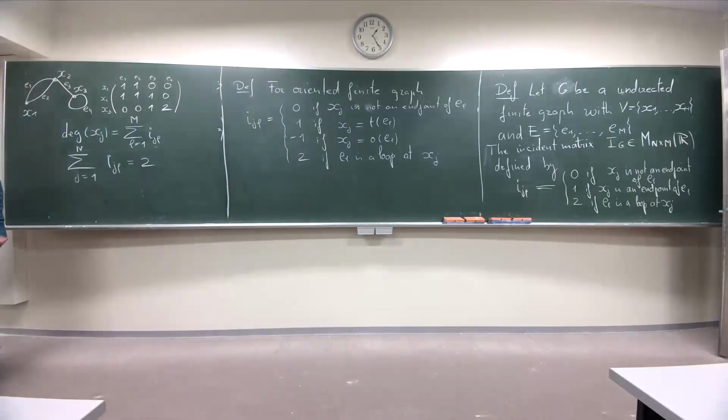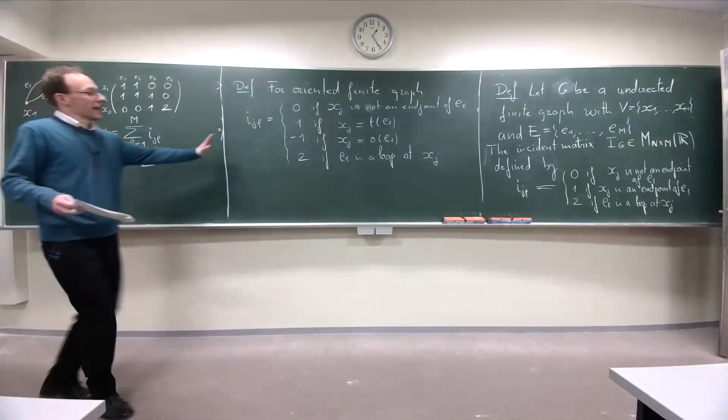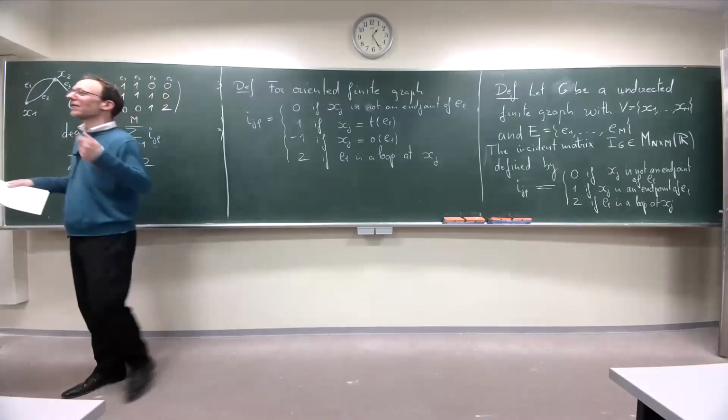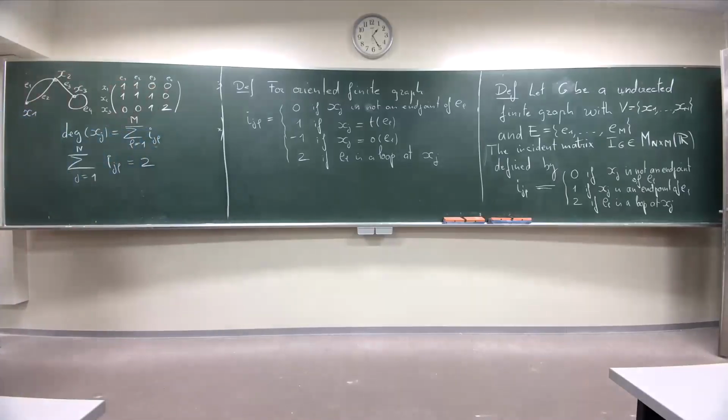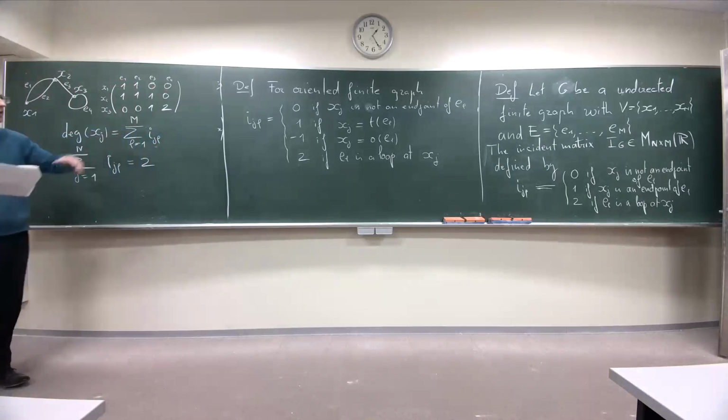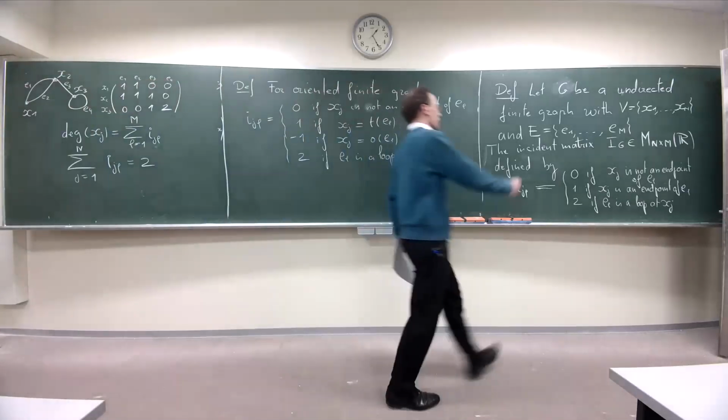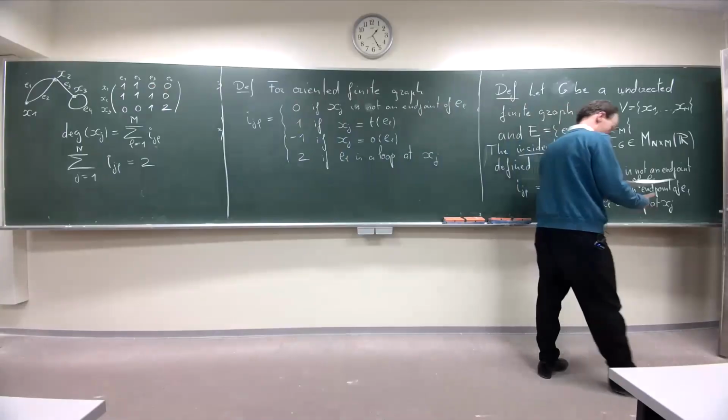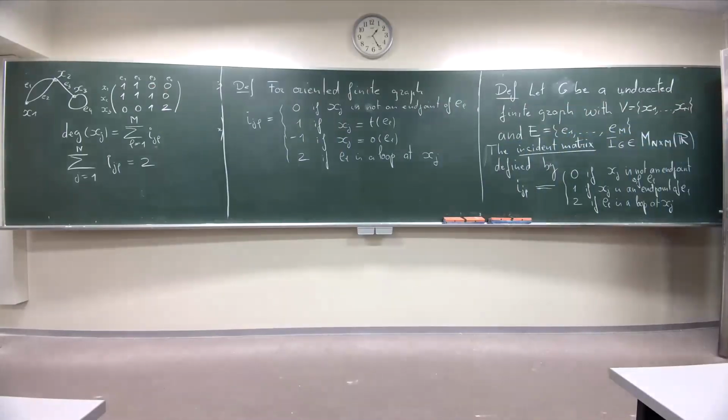But probably for some applications, these numbers are good. So exercise or one report is please look for an application. What can you do? And I'm sure you can find in the literature some application of what is called the incidence matrix. I didn't do it, but you can find this.